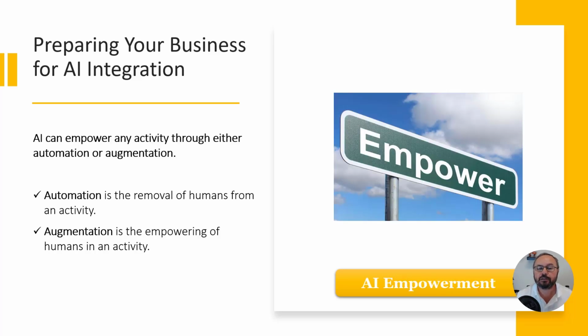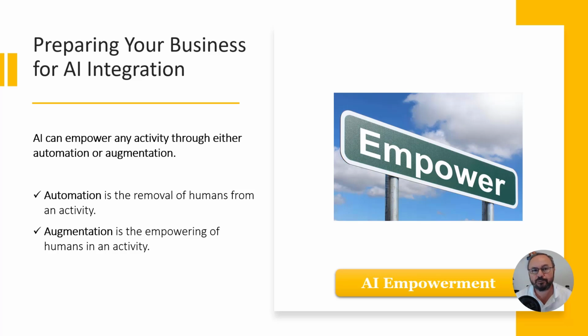Now, AI can empower our organization in two main ways. So those two main ways would be automation and augmentation. So what's the difference between automation and augmentation? Automation is where we're removing humans from the process. Augmentation is where we're using humans, but we're empowering them with some AI capability.